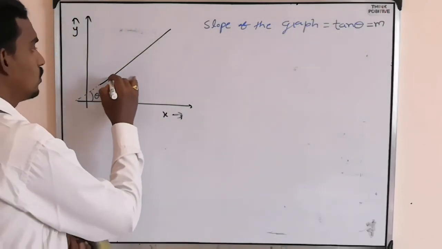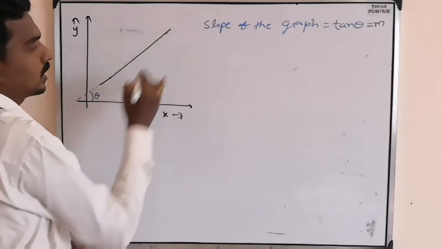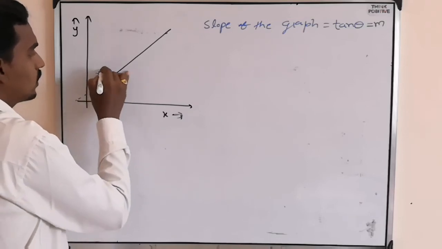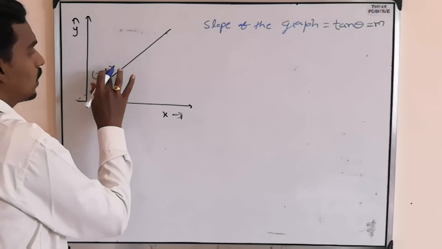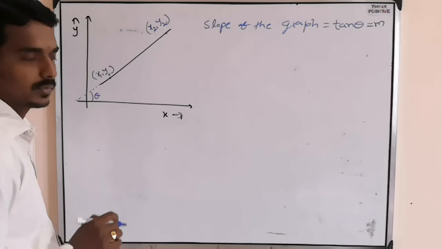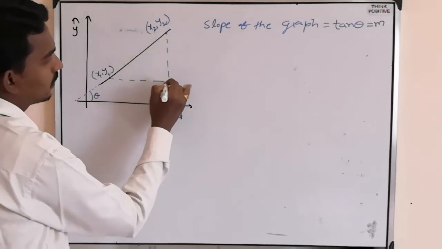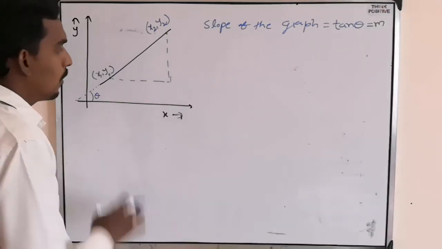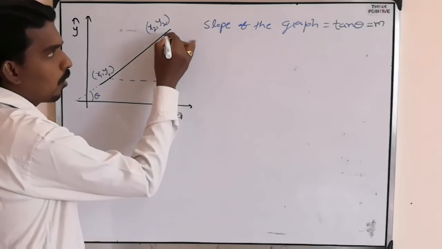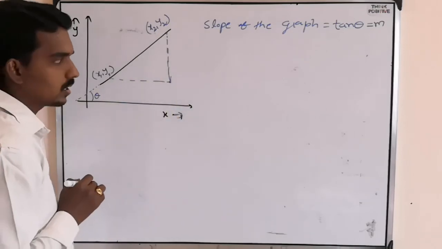This is the definition of slope. Or else you can choose any 2 points on the graph. It is a coordinate system, so there are 2 points. Let's take x1, y1 and this one is x2, y2. Then if you draw two lines from the chosen points, parallel to the x-axis and parallel to the y-axis, you will get one intersecting position.